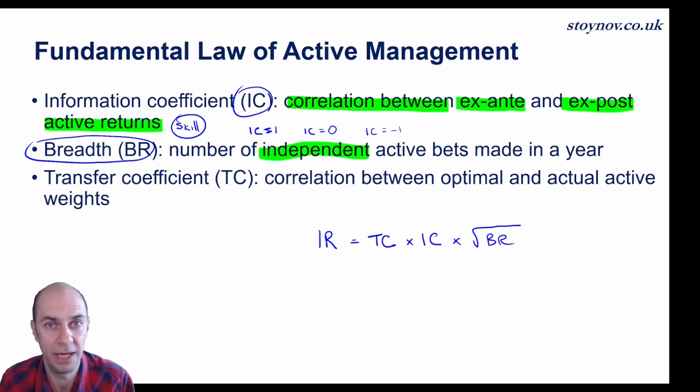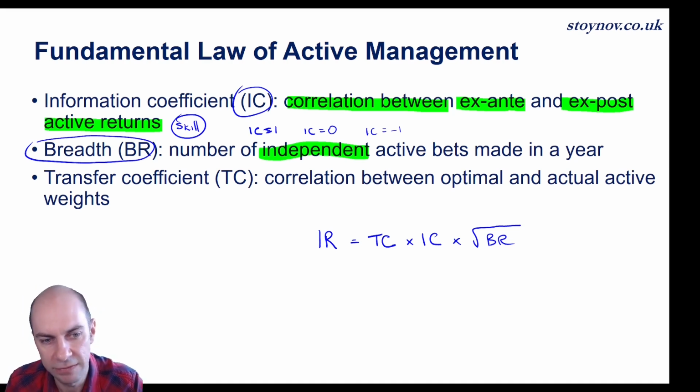So you might have made 100 bets, but if they're super highly correlated, you've really just made one bet. So you need to be able to make lots of independent bets. Okay. That's the breadth. I call it kind of the experience of the manager. Are you experienced enough to find all those independent bets?